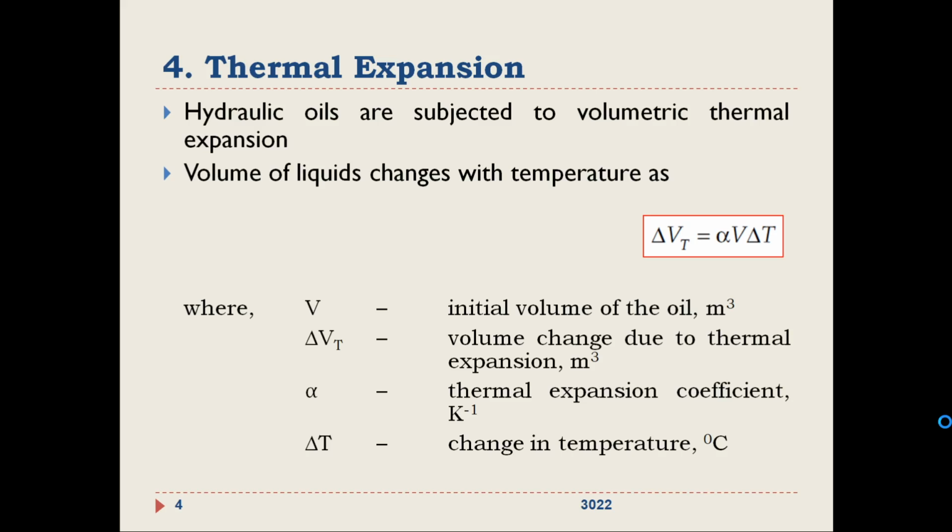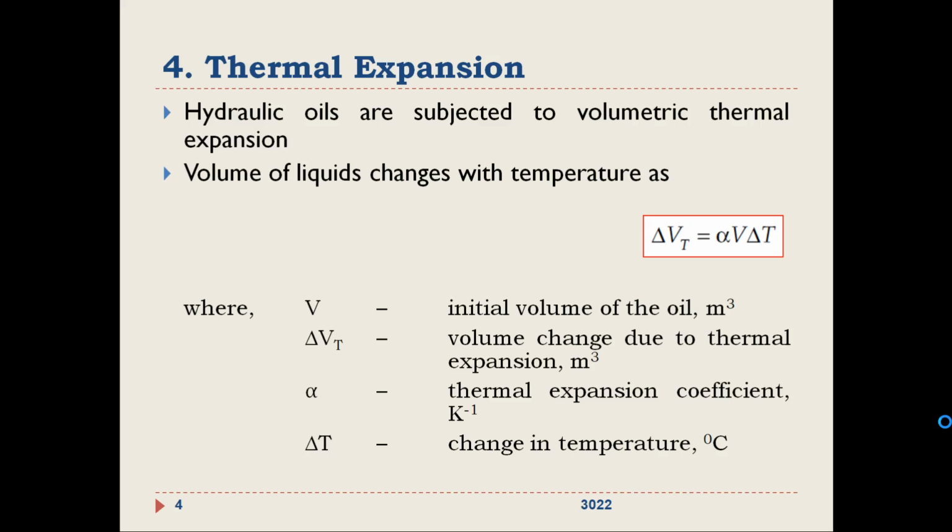The variation of volume with respect to temperature is expressed as delta Vt equals alpha V delta T. V is the initial volume. Delta Vt is the volume change due to thermal expansion. Whenever there is a temperature change of delta T, how much the volume changes is denoted by delta V subscript T. Subscript T stands for temperature or thermal.